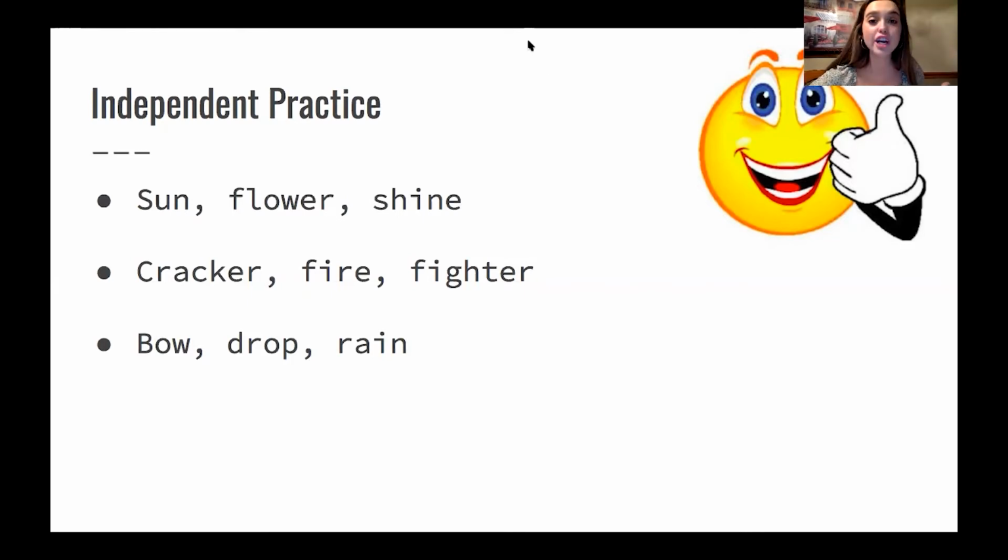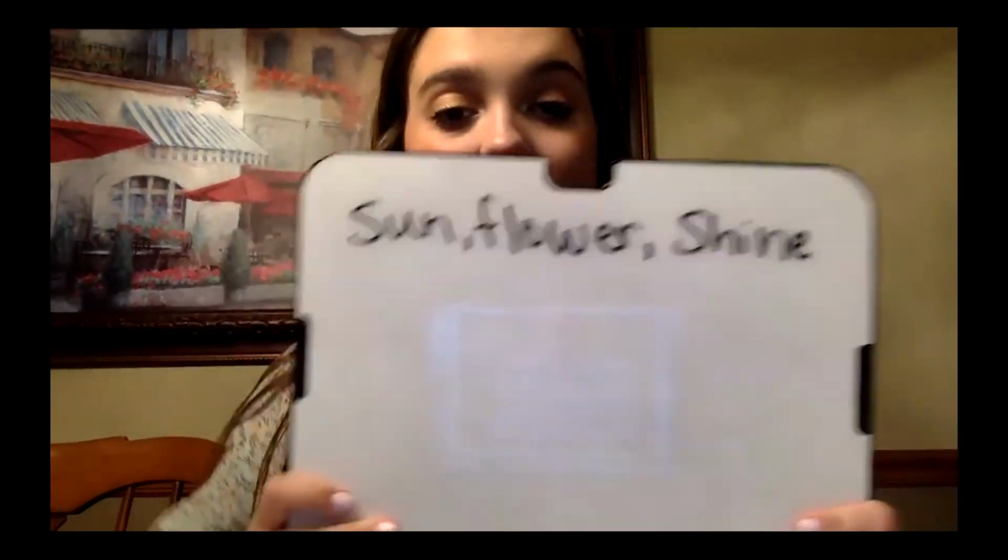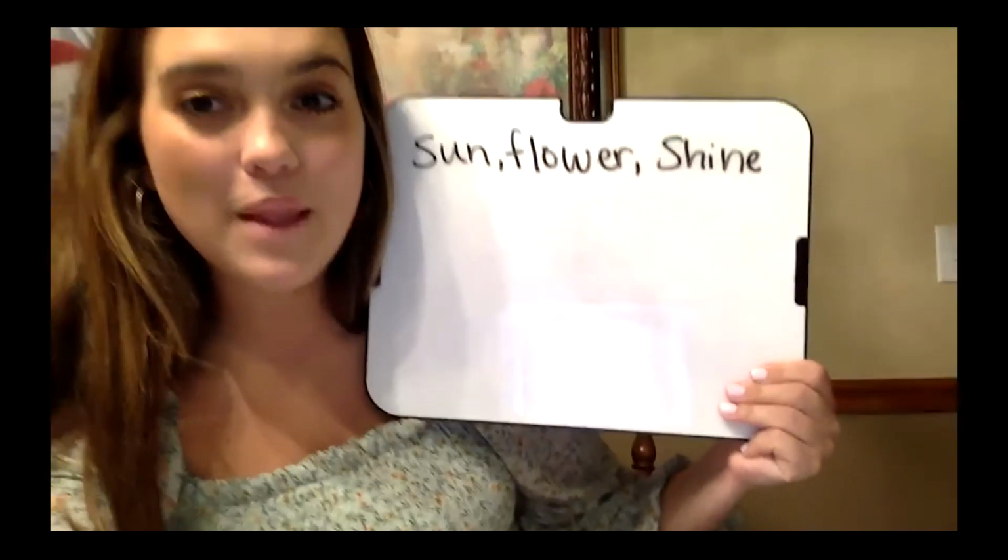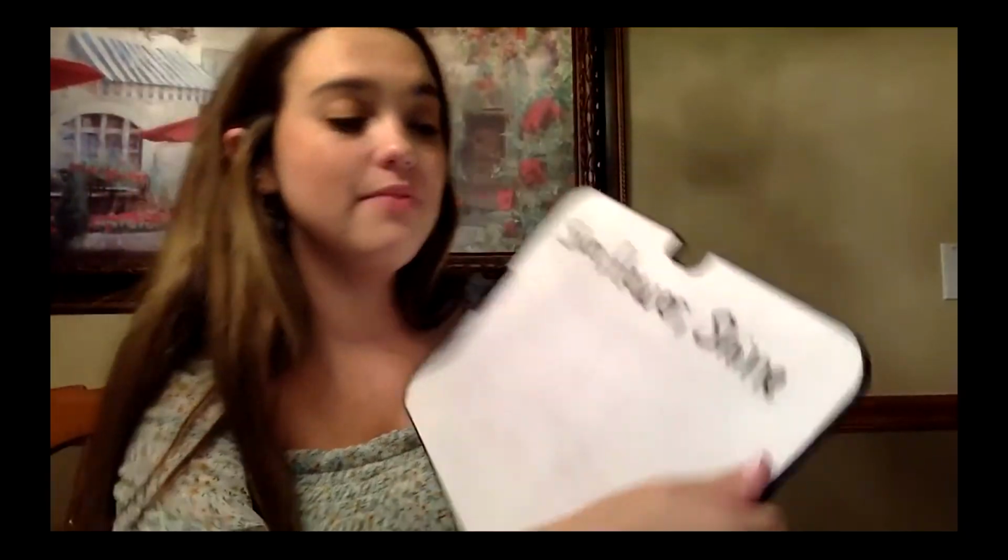I'm going to stop sharing my screen with you guys so you can see what is going on right here. Perfect. Okay, so sun, flower, and shine. Now let's look at these three words and think, what is one compound word I could make out of here? Sun, flower, shine. Shine, flower.